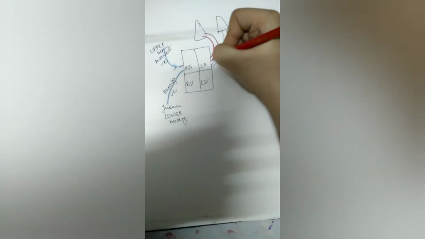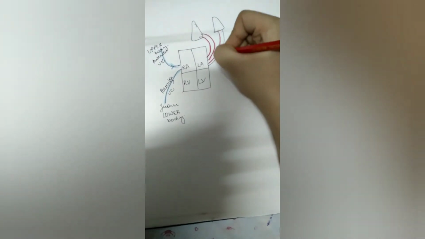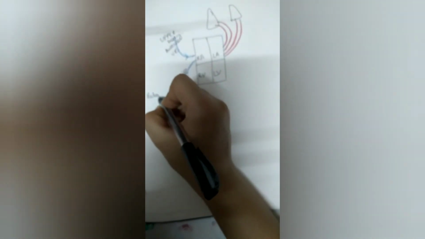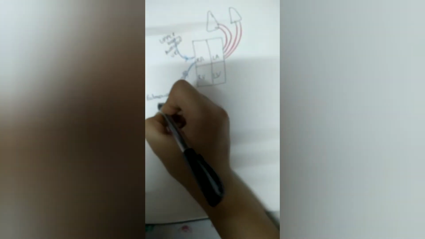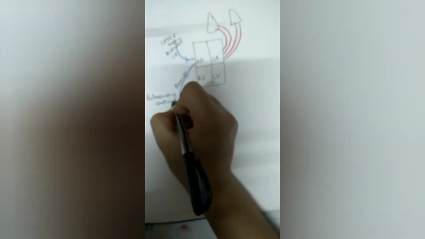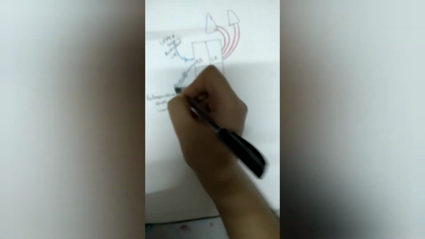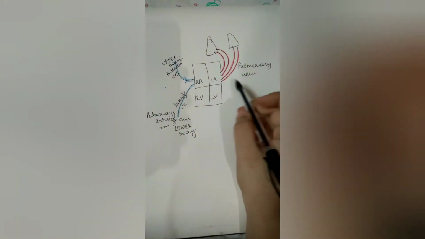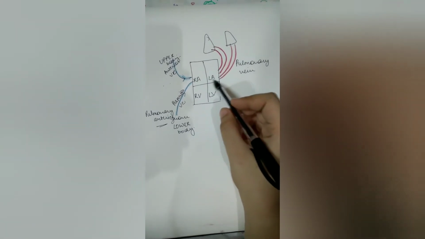These are the pulmonary veins. So these are pulmonary arteries. These both, and this is a pulmonary vein. So pulmonary vein enters the left auricle.